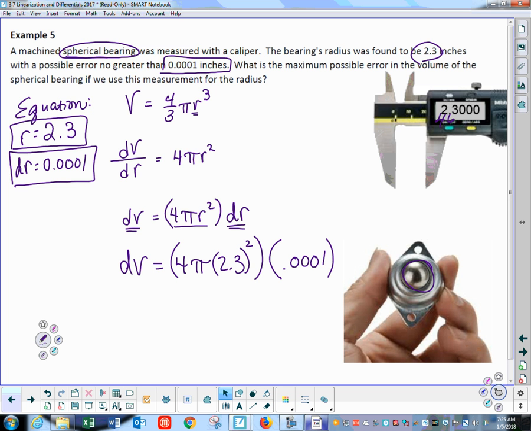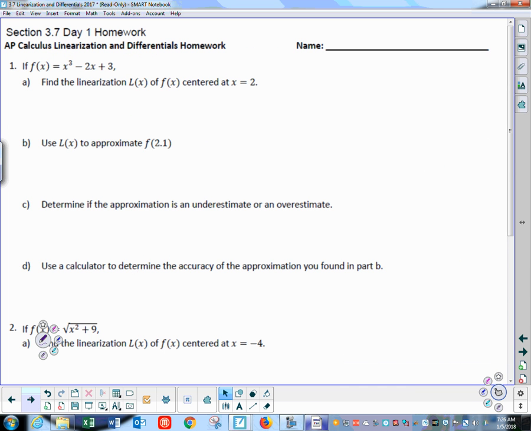And that's going to be quite small, which is a good thing, right? We want this ball bearing to be as accurate as possible. And I came out with dV less than 0.00665 cubic inches.